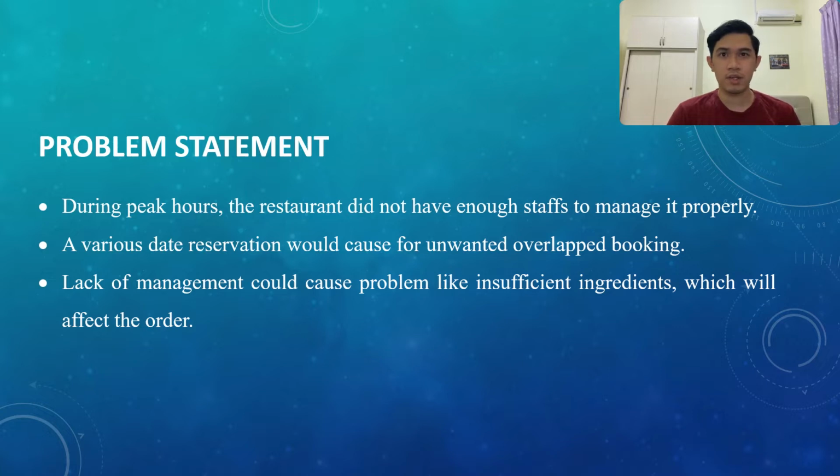The second one is that various date reservations would cause unwanted overlap booking. It needs to make sure that the date is right for the customers to avoid colliding dates and meetings between them. It will give a hard time to the customers. The third one is lack of management could cause problems like insufficient ingredients, which will affect the order.